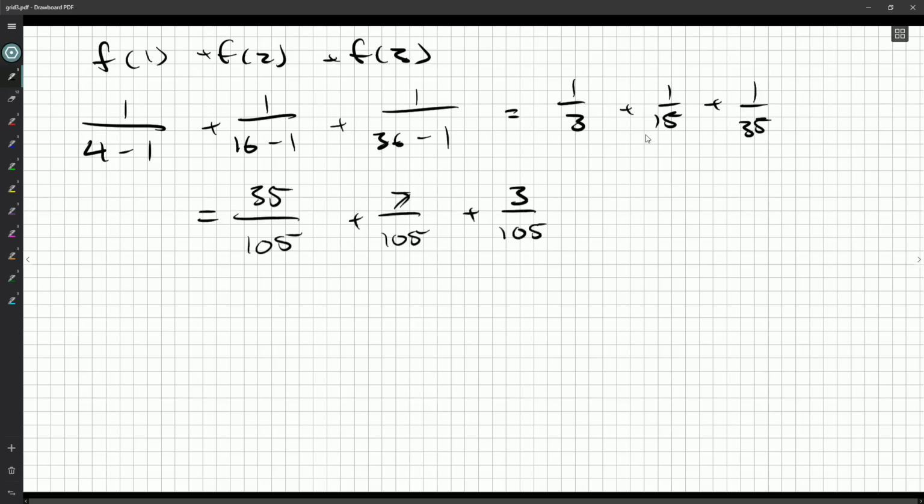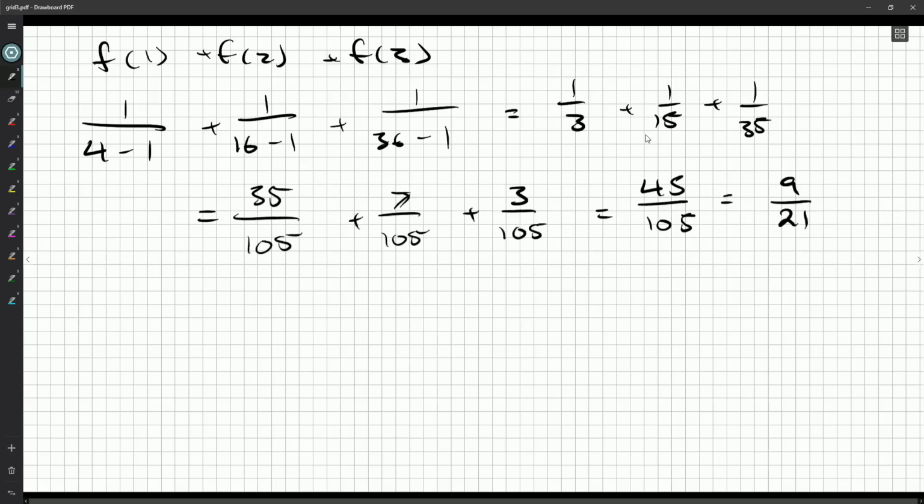And there we go. And that's going to end up being 45 over 105. And then you can divide by 5. You'll get 9 over 21 here. Okay, so 9 over 21 is our answer.